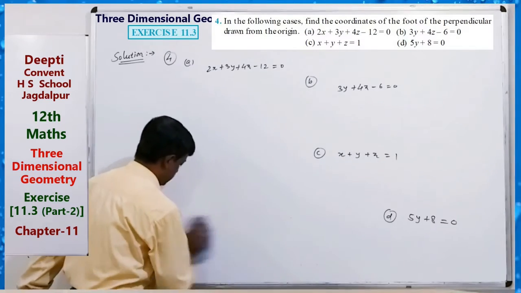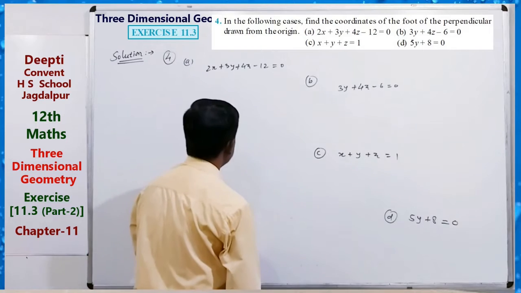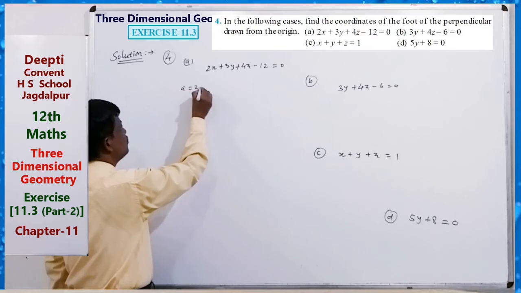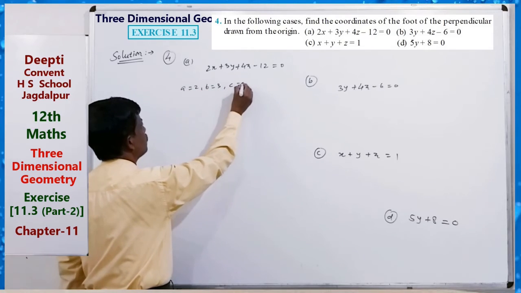Clear? In this equation, a equals 2, b equals 3, c equals 4.